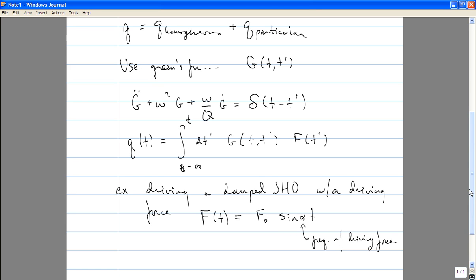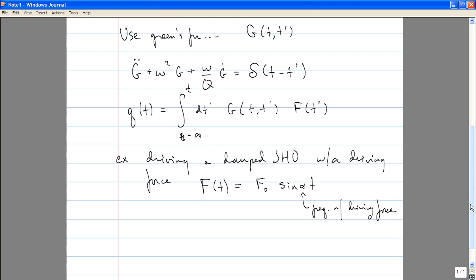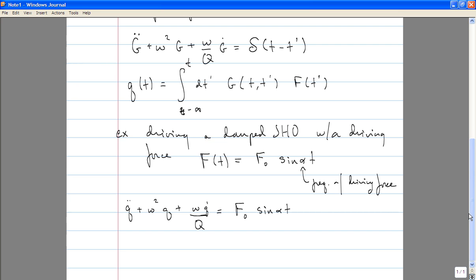So just to remind you, there are really three different frequencies in the game now. The differential equation that we are trying to solve is q double dot plus omega squared q plus omega q dot over the quality factor is equal to the driving force sine alpha t. Just so that you don't get confused, there are three characteristic frequency scales in this problem.